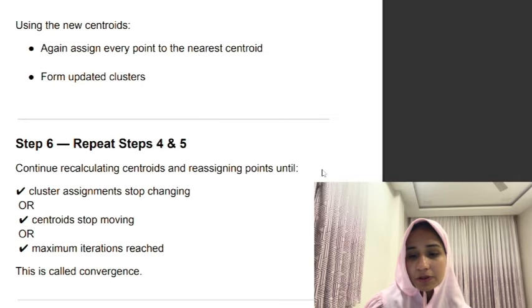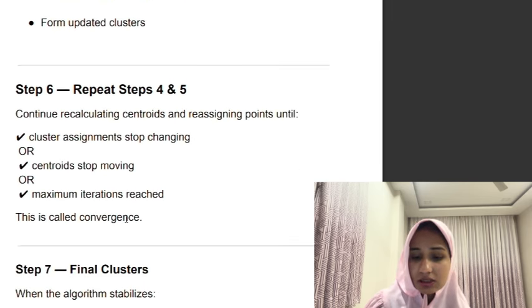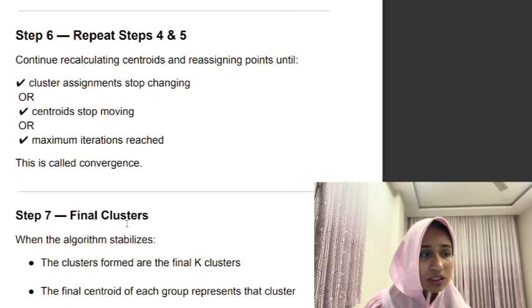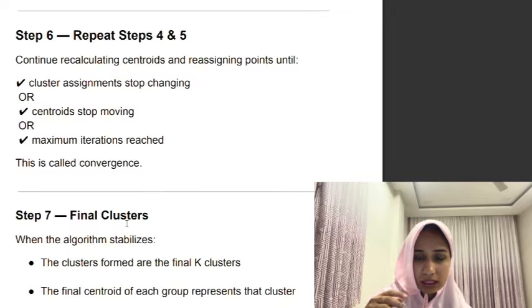We'll repeat steps 4 and 5. Continue recalculating clusters and reassigning points until cluster assignments stop changing, or centroids stop moving, or maximum iterations are reached. So this is called convergence. This is the stopping point of assigning the centroids.